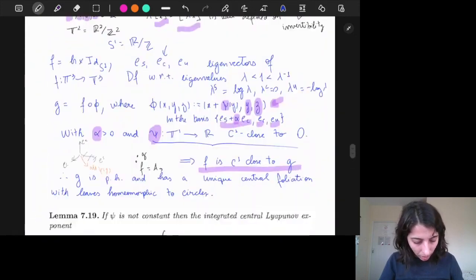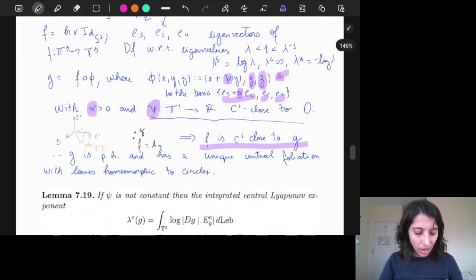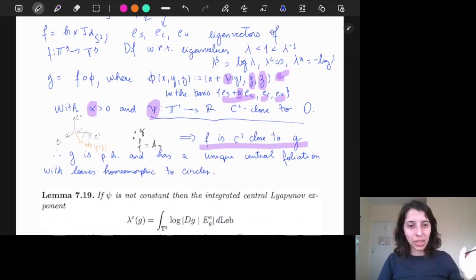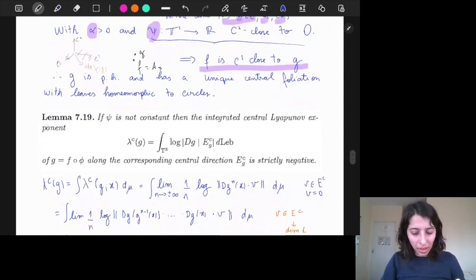So G is dynamically coherent because it has foliations that are homeomorphic to the foliations of F, to the leaves of F, that are circles. So the center leaves of G are circles.